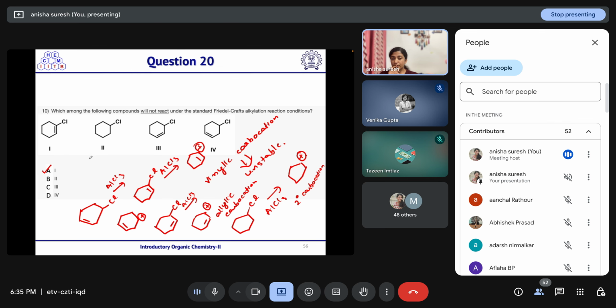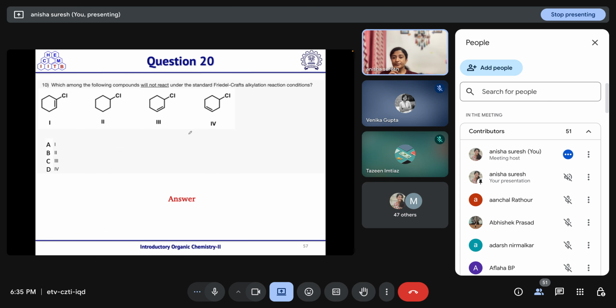So out of these four, this vinylic carbocation is much more unstable, and because of that reason, the Friedel-Crafts reaction will not take place under standard reaction condition. Okay, so the answer will be option A, that is, this will not undergo Friedel-Crafts reaction under the standard reaction condition. Clear?